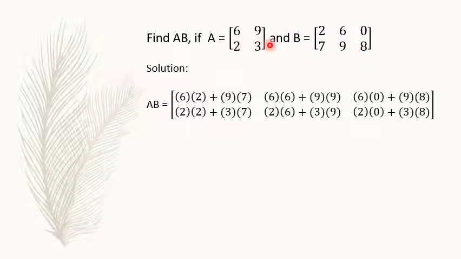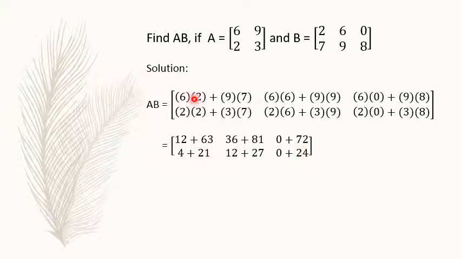Now, second row, first column: 2 into 2 plus 3 into 7. Second row, second column: 2 into 6, 3 into 9. Now, second row, third column: 2 into 0 plus 3 into 8.